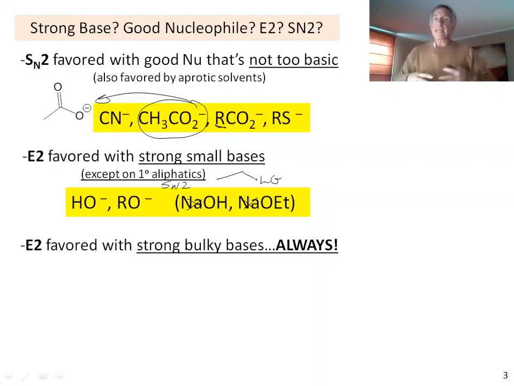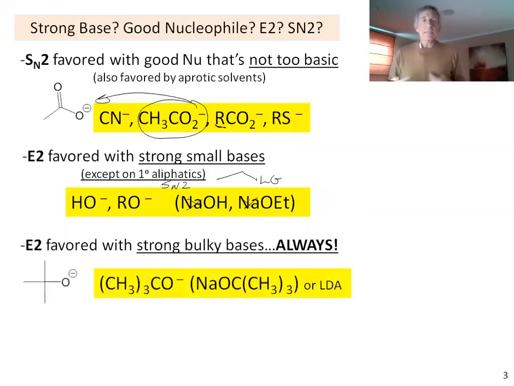If we get these big, bulky bases, and there's only two that I've given you so far, and really only one that you need to keep in your head. One, this t-butoxide can be written in this form. It can be written sodium t-butoxide, or LDA is a separate second one. It's also big and bulky. But this t-butoxide here is too big.